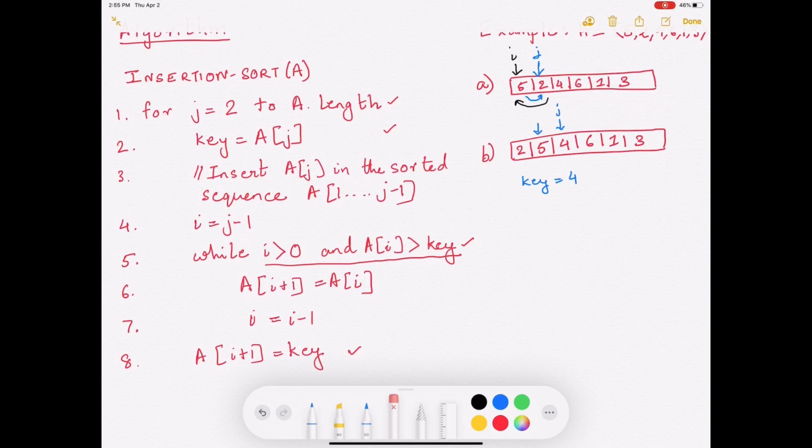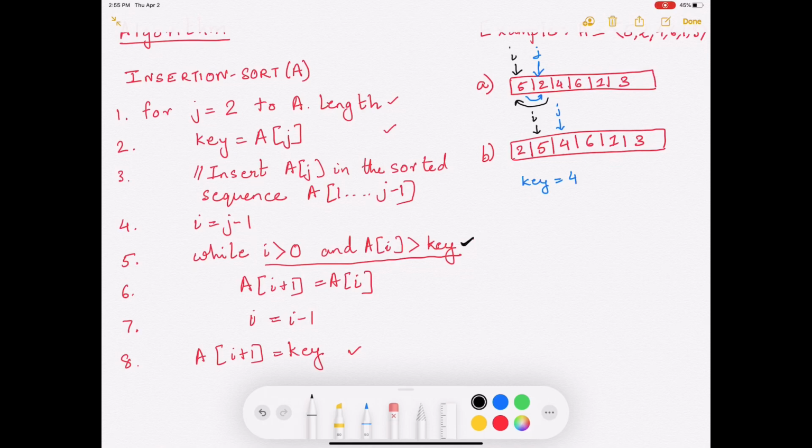Let me use the same color, which is black, for I. So I is pointed here. Okay, so I is 2. Now while I is greater than 0, we're looking at this line here again, and AI is greater than key. So AI is 5, and that is greater than key.